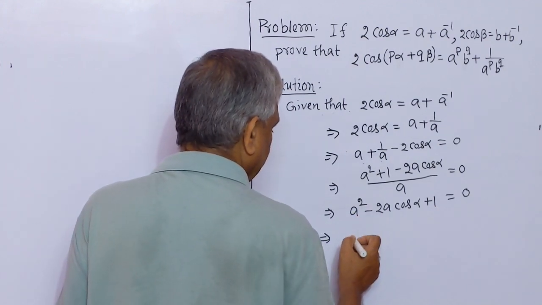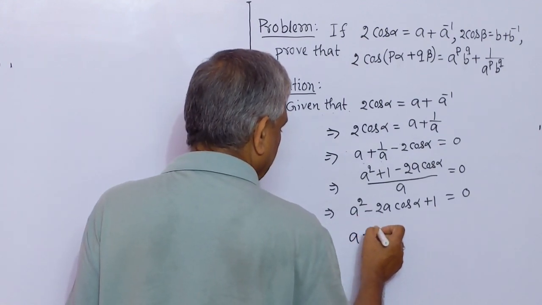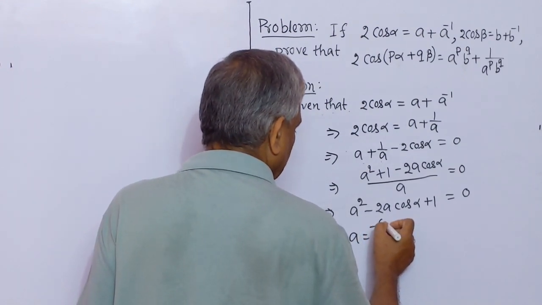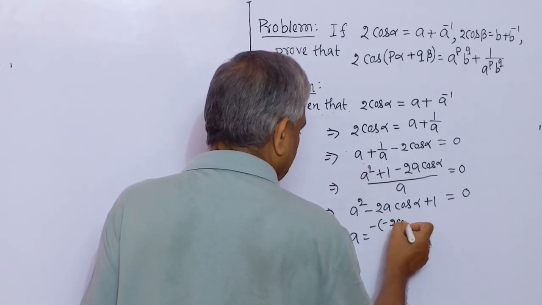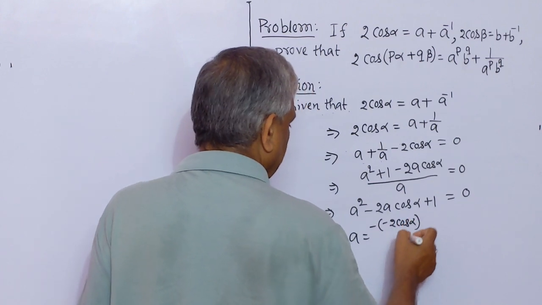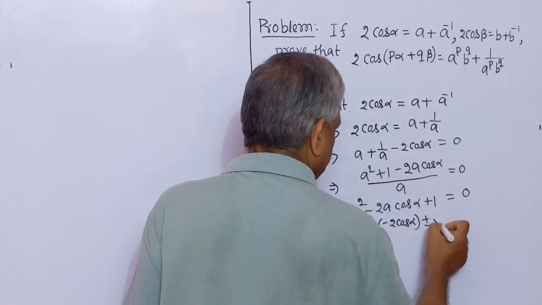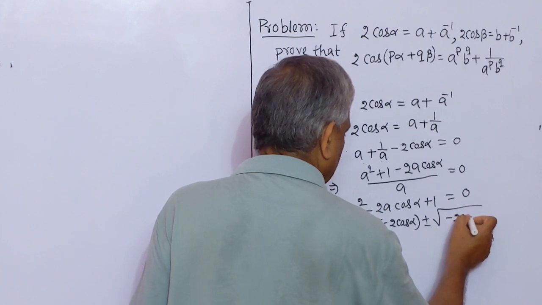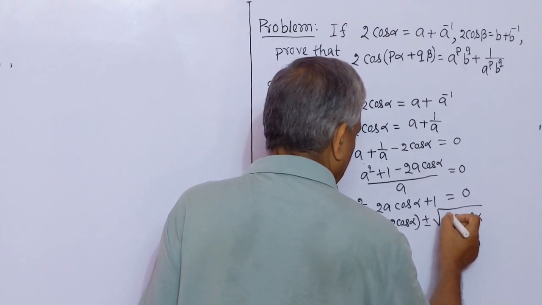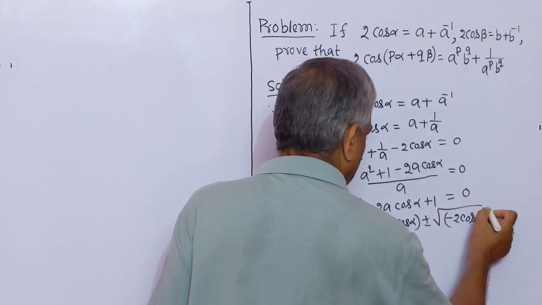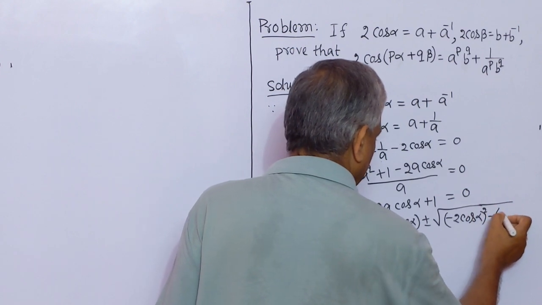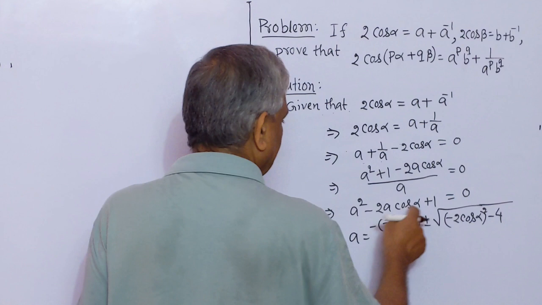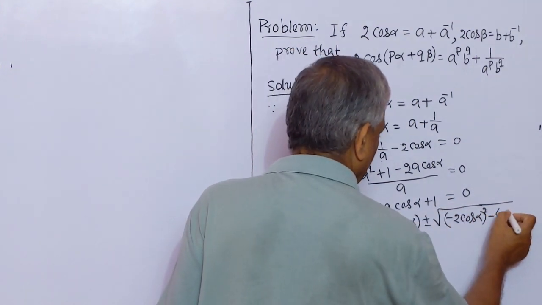So by the quadratic formula, a equals minus b plus or minus the square root of b square minus 4ac, all over 2a, where the coefficient of a square is 1 and c is 1.